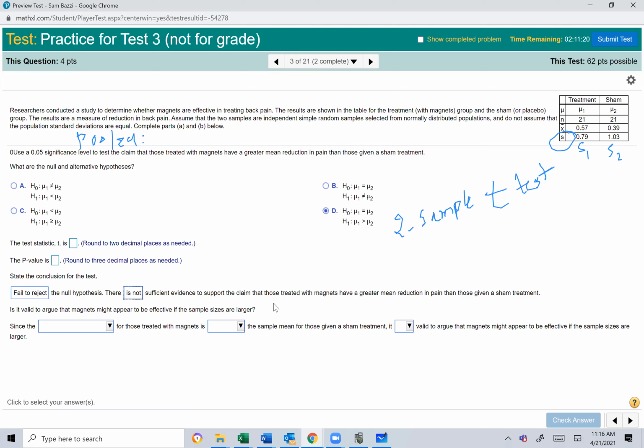Is it valid to argue that magnets might appear to be effective if the sample sizes are larger? So let's see what we have for selections here.